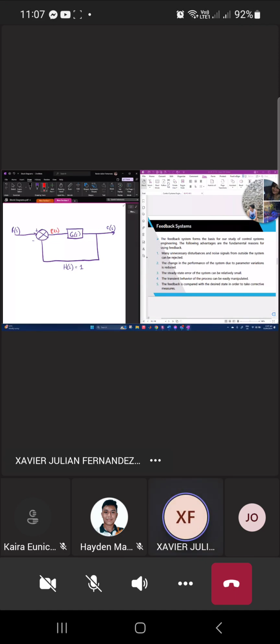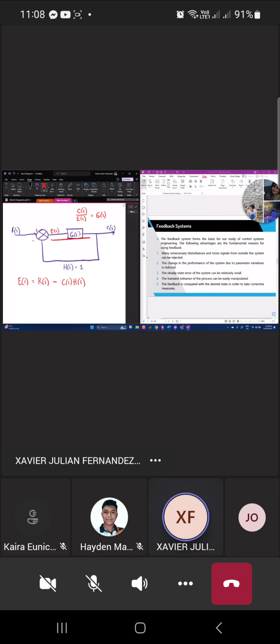Basically E of S is equal to R of S minus C of S times H of S. If the H of S, or your feedback block, is just a gain 1 block, then that's just R of S minus C of S. This error signal is your actuating signal, and the ratio C of S to E of S equals G of S. This is what we call the open loop transfer function.